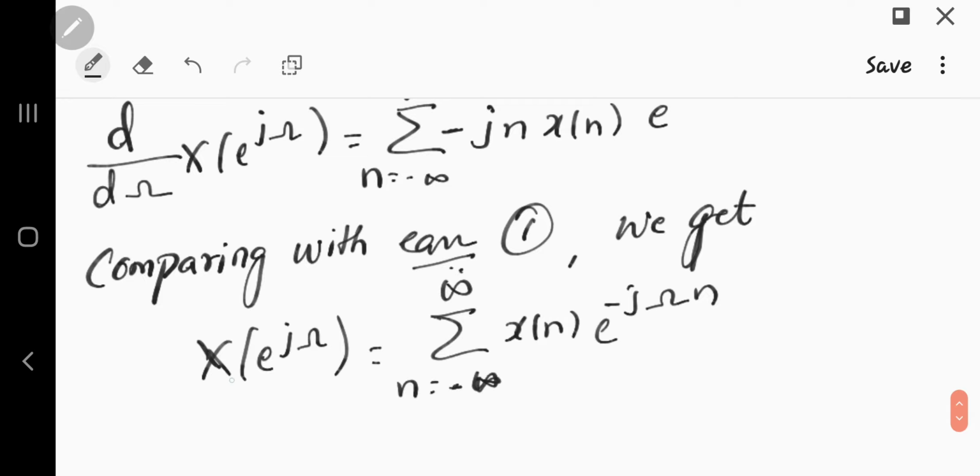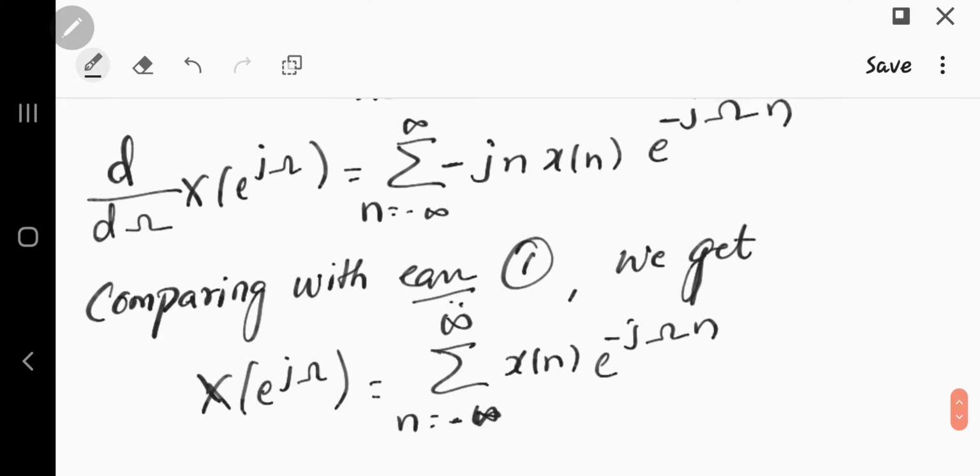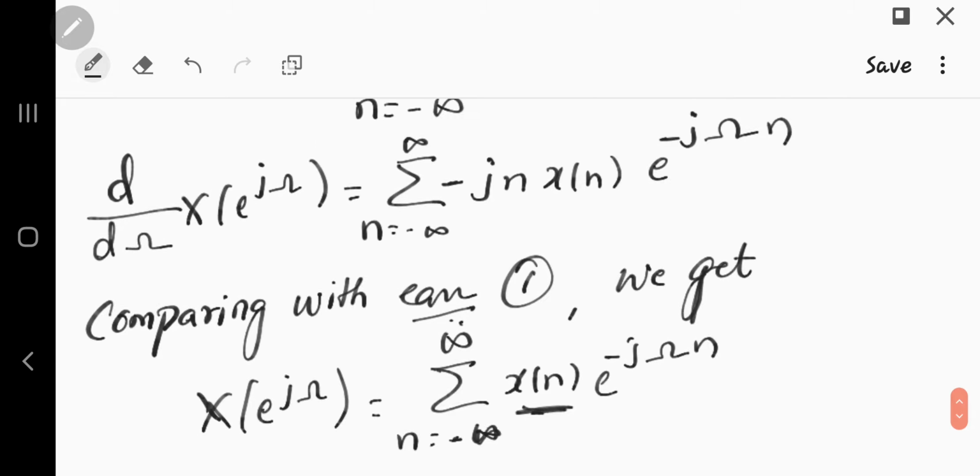Here we have X of e power j omega, which leads us to this signal x of n e power minus j omega n. If you perform the transformation of x of n, you will get X of e power j omega. If you perform the transformation of this signal, that is minus j n x of n, then we will get the differentiated version of the signal in the frequency domain.